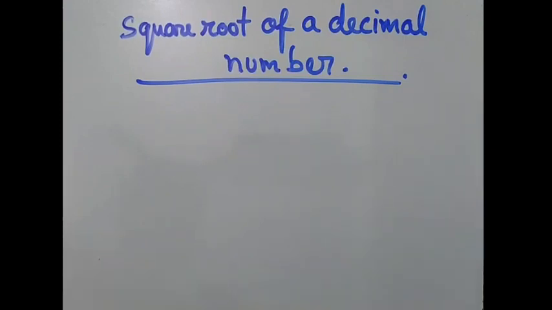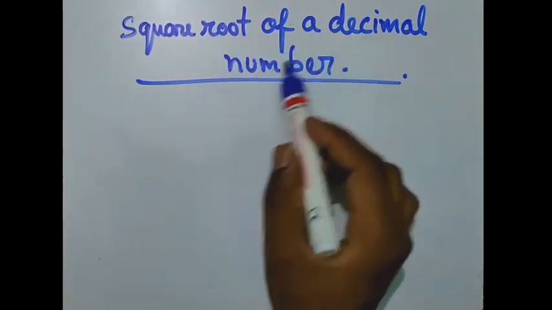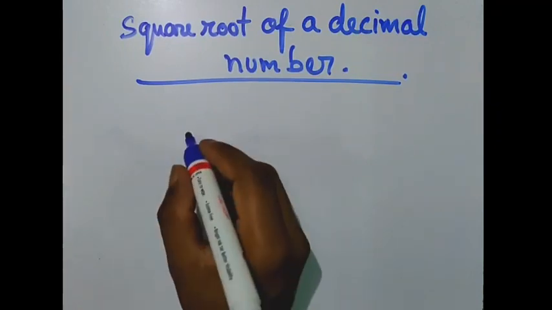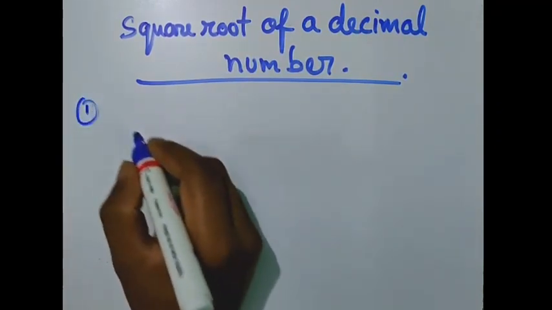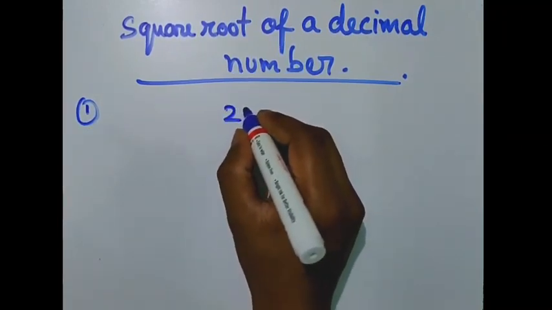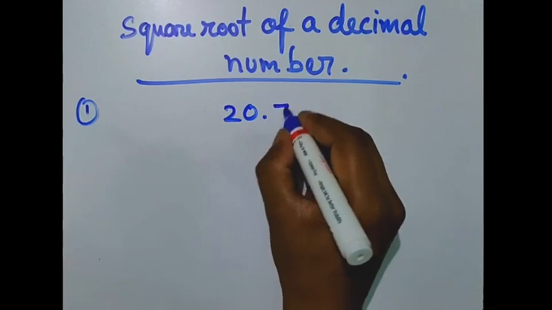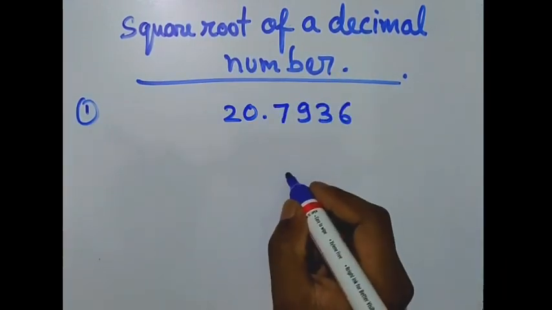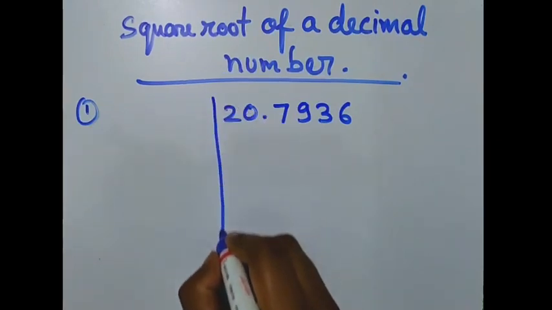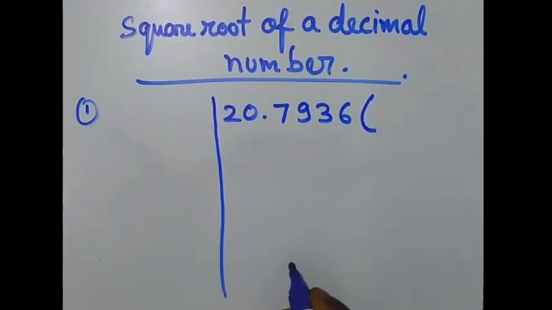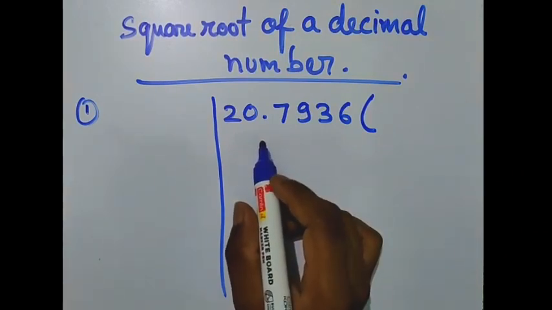Now, how will we find the square root of a decimal number using the division method? Let's find the square root of 20.7936. So let's draw the vertical line for the quotient part here, and now let's start pairing.